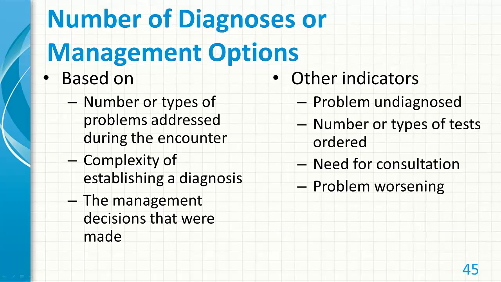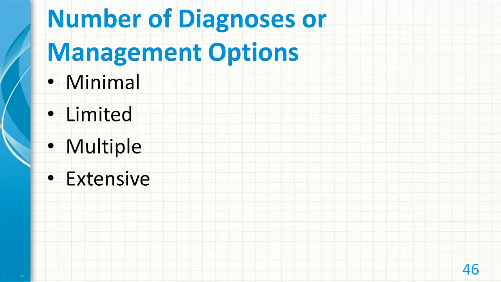CPT and the CMS guidelines describe what is needed for determining the level for a number of diagnoses or management options. I'm not even going to read this description, as it is too ambiguous to determine the level. The names of the 4 levels are also not particularly specific.